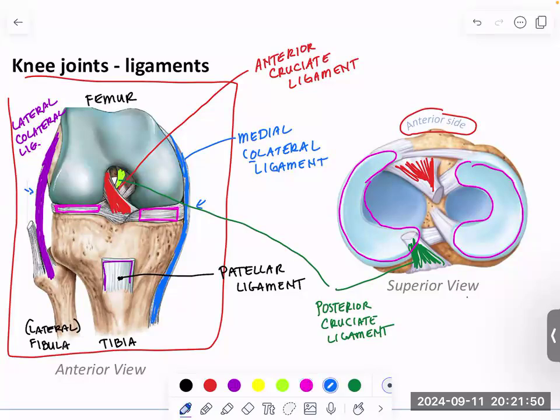This one on this side is on the medial side. Medial meniscus. What do we call this one? Lateral meniscus.